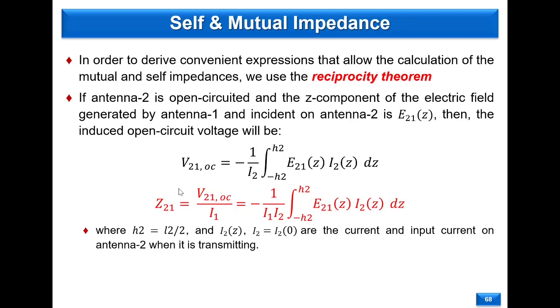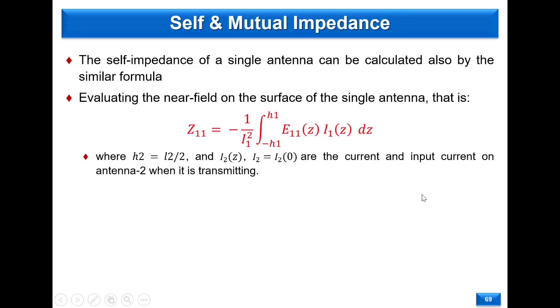And if we are looking for Z21, it will have this expression divided by I1, which has this formula. And in a similar way, the self impedance would have this expression.